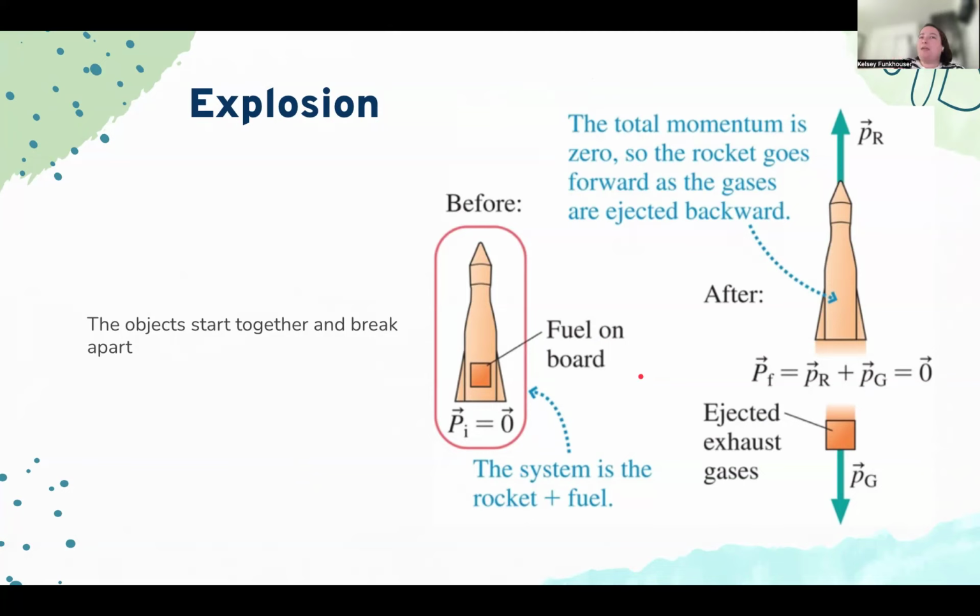Because they started together, they weren't moving in their case, though objects can be moving initially. And then they pushed off of each other. And from that, we know that their initial momentum was 0, which means their final momentum needed to be 0. So they should have equal and opposite momentum. Anyway, so that's an explosion. Like I said, it doesn't have to be explosive.